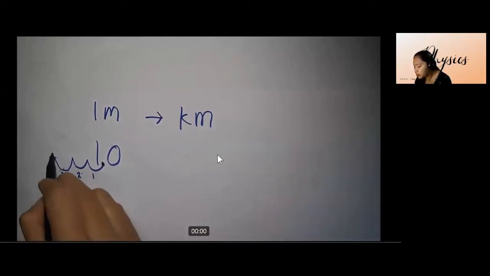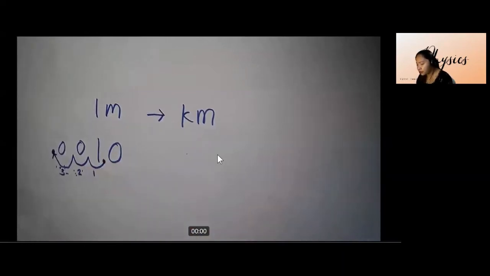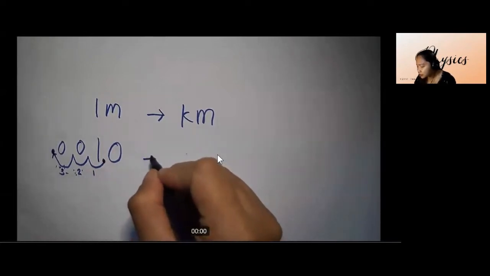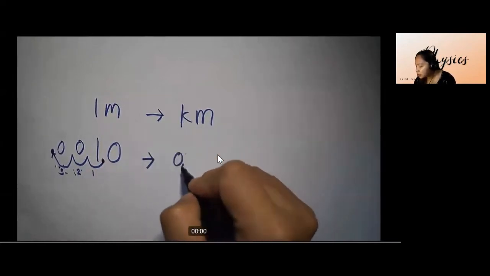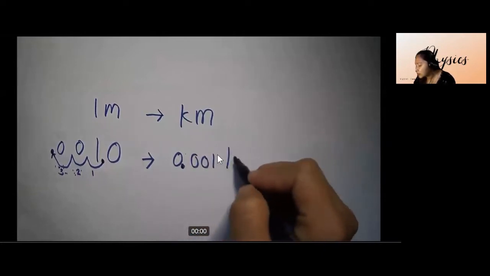So the decimal point is now here, and 2 places that we need to fill in with zeros. So we have 1 0 and 2 0. So in this example, we just use 2 zeros added to 1. So this becomes 0.001 kilometer.